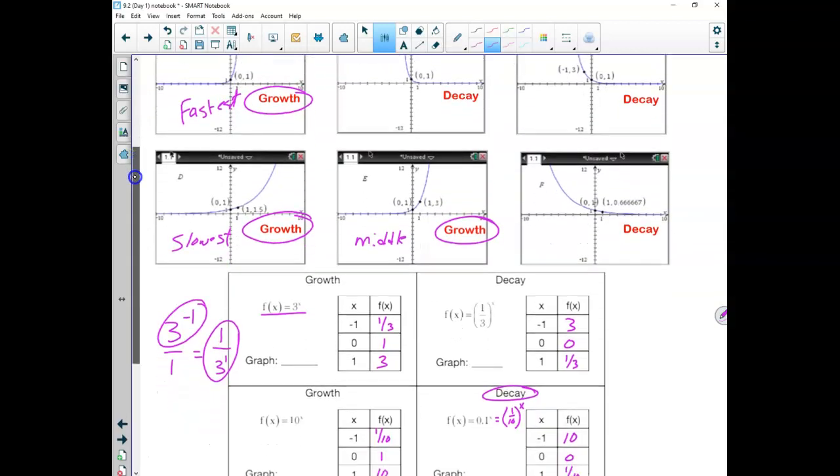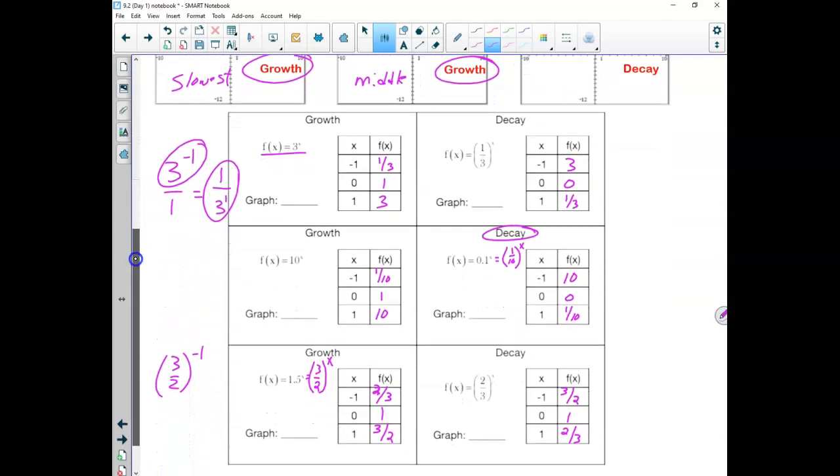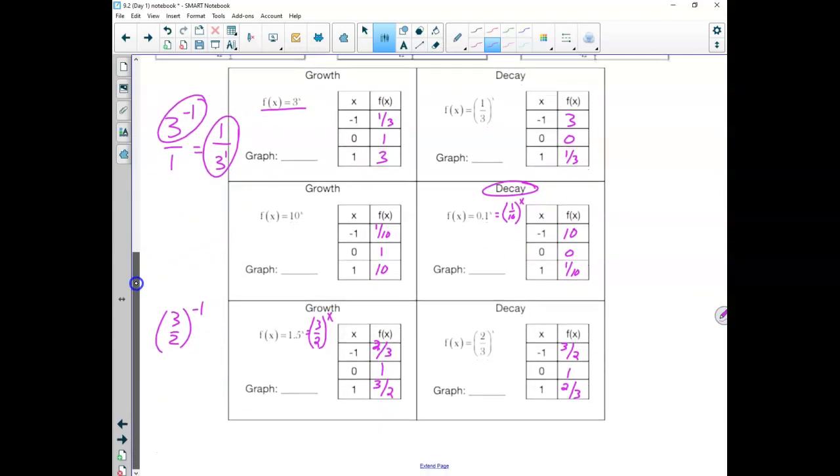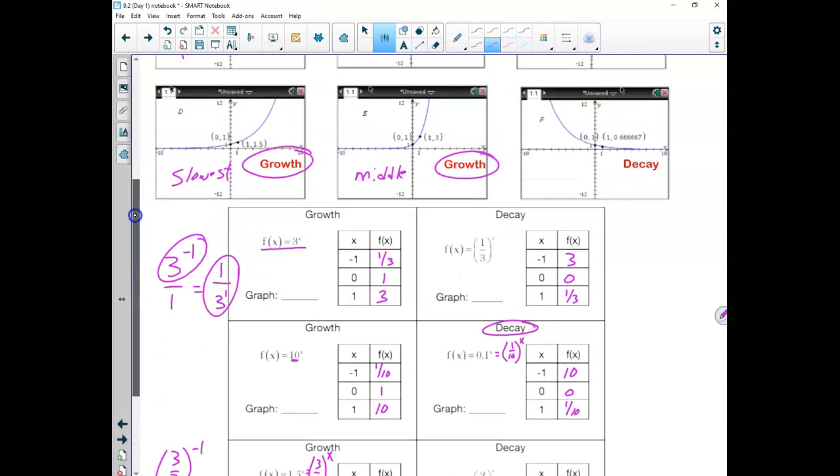Well, we should have figured that out last Friday, I think it was, when we were looking at growing at a penny. If it doubled, your growth rate was 2, as opposed to 50%, your growth rate was 1.5, and the 2 grew faster. So whichever exponent base is the biggest number is the fastest growth.